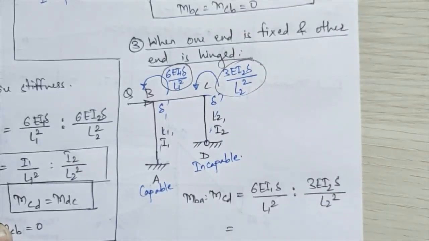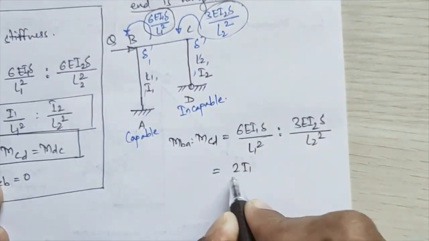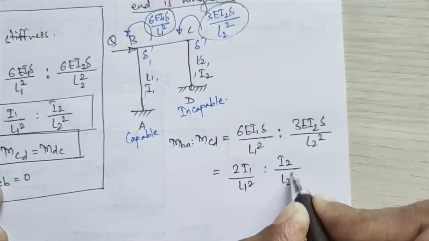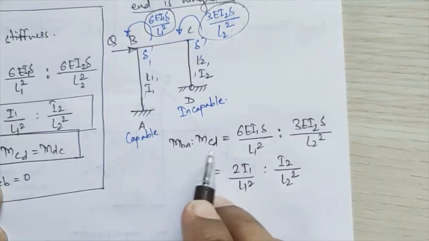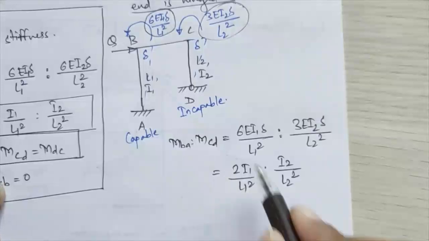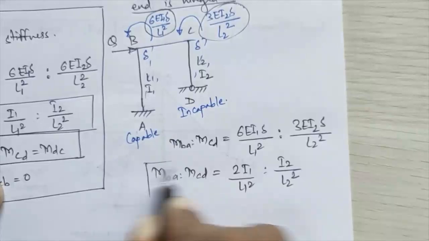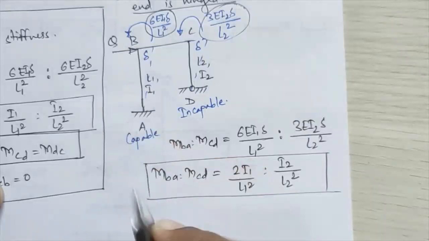If I simplify this, what will I get? 2I1 upon L1 square is to I2 upon L2 square. That is, I get the ratio of 2:1 for these MBA and MCD values, provided along with this condition. Now we'll see the conditions for the remaining moments.